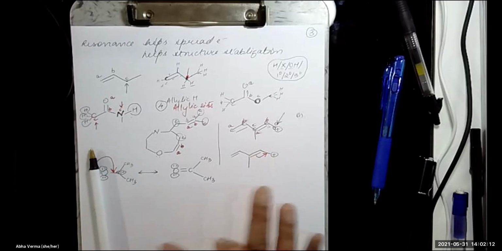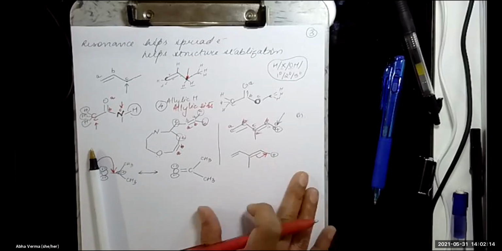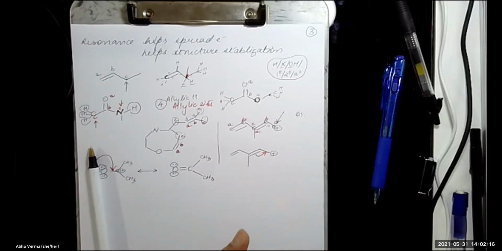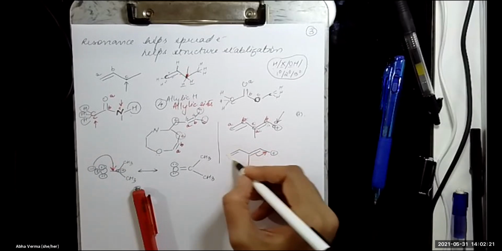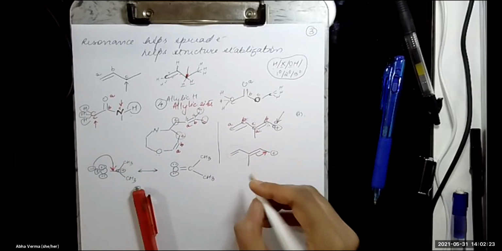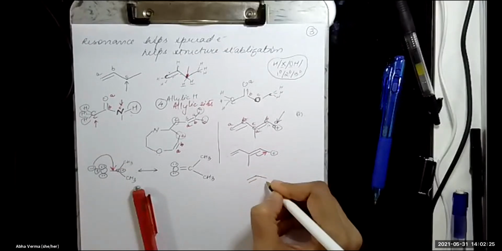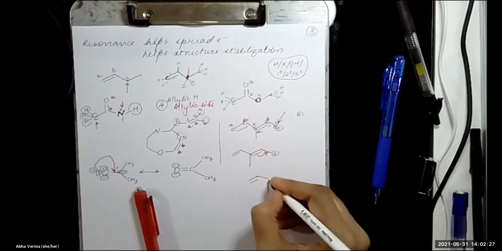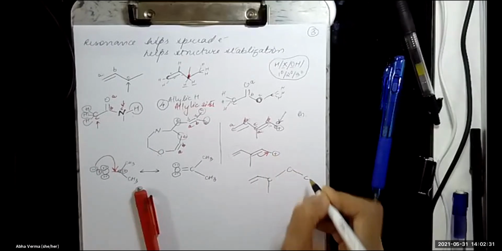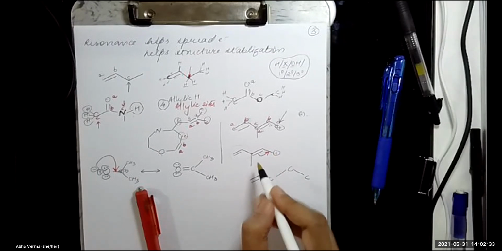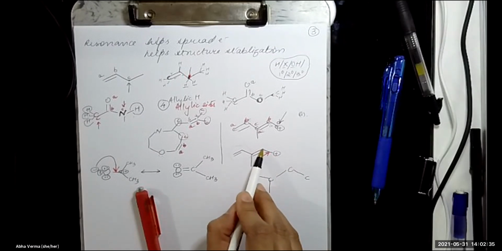If you can show your electron movement with one arrow, that's completely fine. So within the structure, what will my resonance structure look like? This part of the molecule, which I did not touch, will stay as it is. But this carbon and this carbon have been involved. A new bond will form between these two carbons.